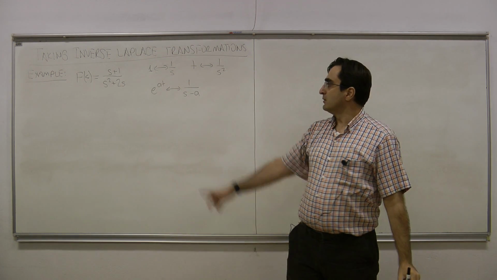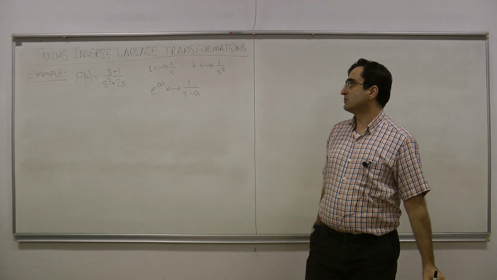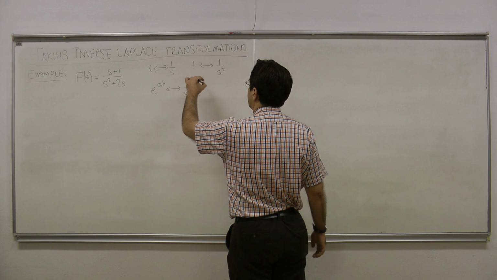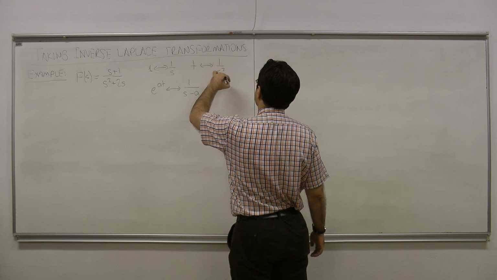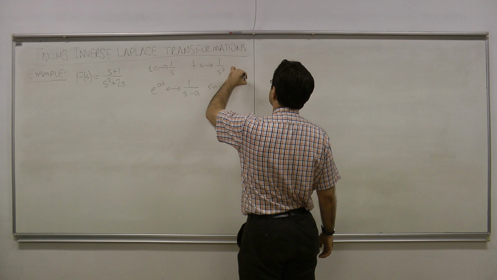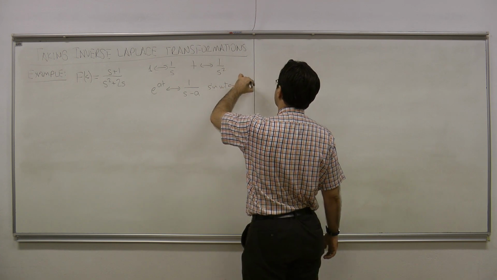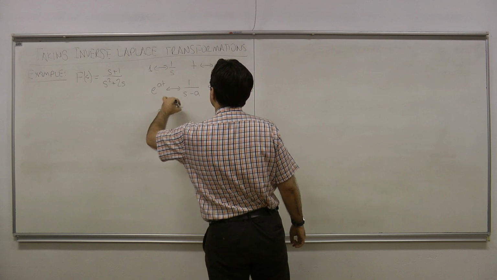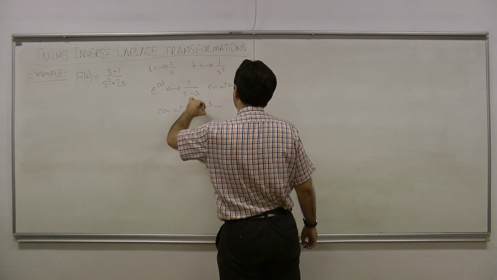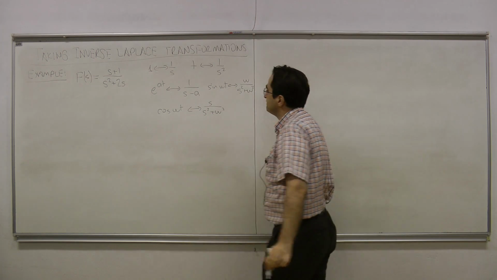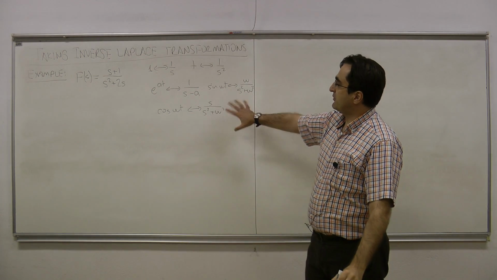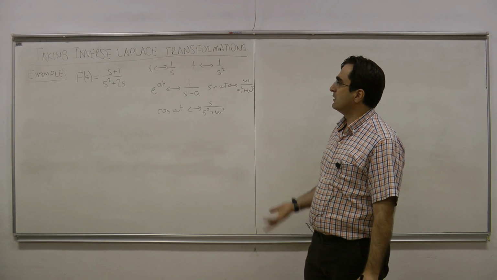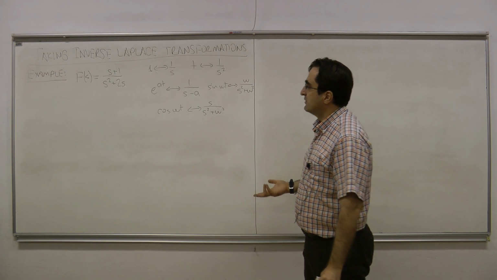And you see that this Laplace transformation does not look like any of those. And of course, we have seen sine omega t and cosine omega t. So sine omega t was omega over s squared plus omega squared, and cosine omega t was s over s squared plus omega squared. So we see that there is some resemblance of that function with this cosine and sine, but this resemblance is not exact.